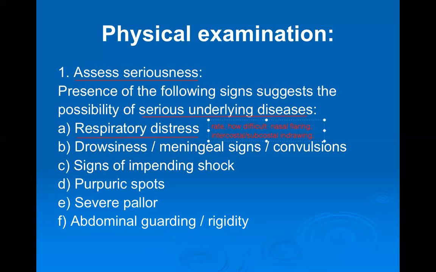Another important point is prominence of neck muscle. So which muscles are present in our neck? Which muscle am I talking about here? Sternocleidomastoid, trapezius. Exactly, these are the two muscles which I want. Sternocleidomastoid and trapezius.